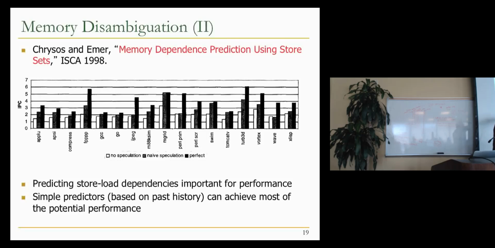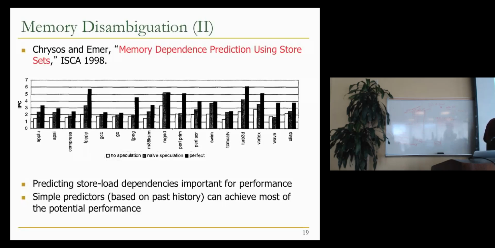Okay, anyway, basically, this shows the IPC, instructions per cycle, on an 8-wide machine, I think, for these different applications. We don't see the average here, unfortunately, but that's okay. No speculation means the conservative approach. Naive speculation is the aggressive approach. If you look at this, for most cases, naive speculation is actually better than no speculation, so the aggressive approach is better than the conservative approach because most loads are independent of the stores.